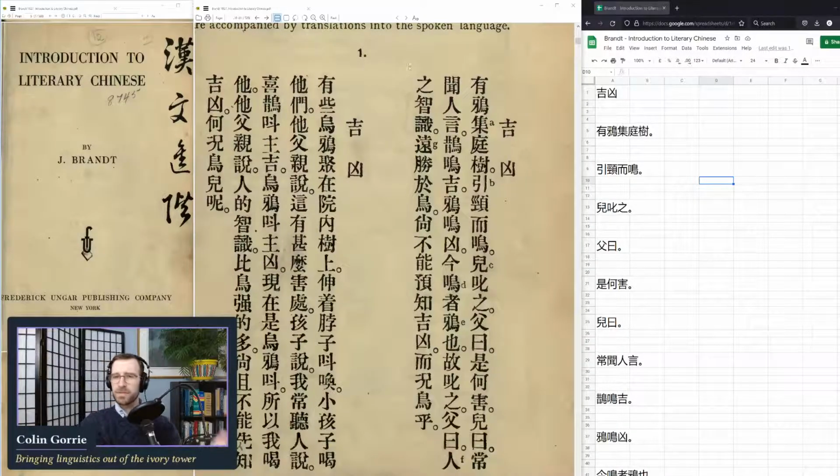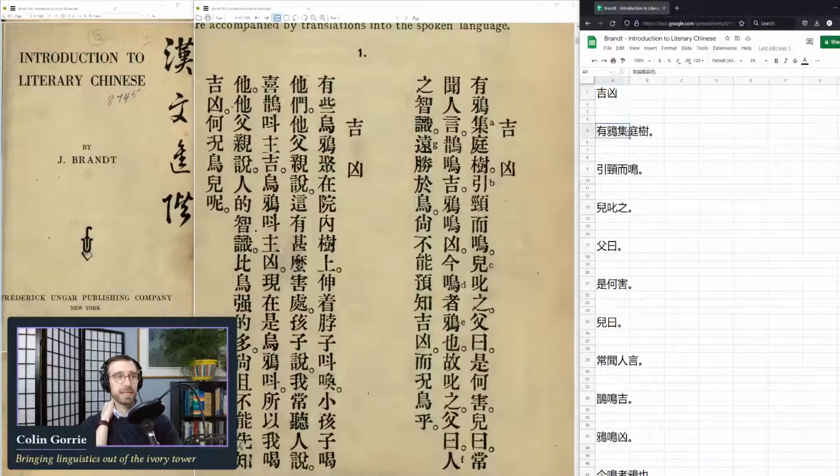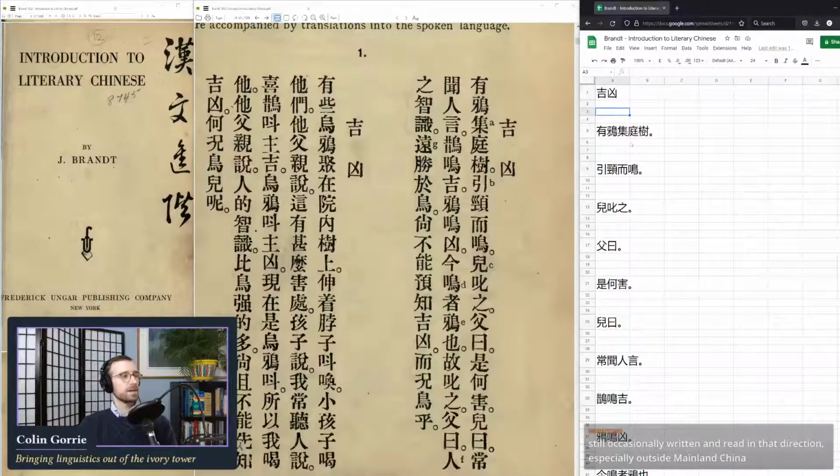We're going to leave the spoken form to the side, as that's not going to be relevant for us today. What I've done here, and I hope I've done a good job of it, is written out the text sentence by sentence in this Google Sheet over to the right. I thought we would go line by line and translate. We'll look up the words, try to understand what's going on with the grammar, and see if we can learn something.